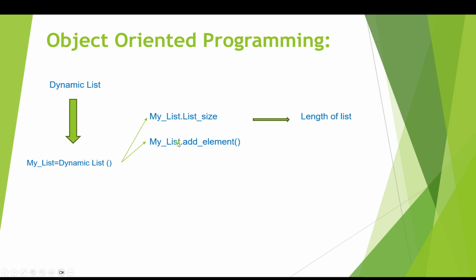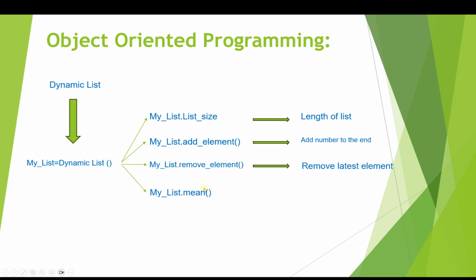Or we can say my list add element to add another element to this list, or a number, or remove element. We can remove an element from our list. We can say my list mean, and it calculates the mean of all elements in this list, or my list resize.